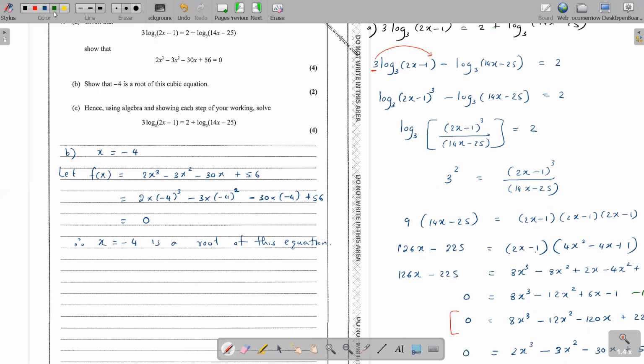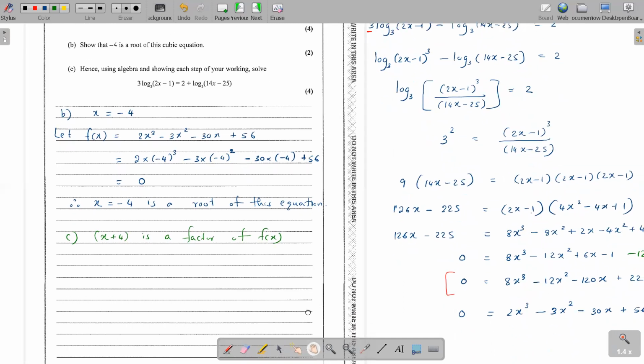So in part C, we know x equal to minus 4 is a root of the equation. In other words, if you remember the factor theorem, x equal to minus 4 is a root means x plus 4 is a factor. So x plus 4 is a factor of f(x). To find the remaining factors, you could try the long division method.